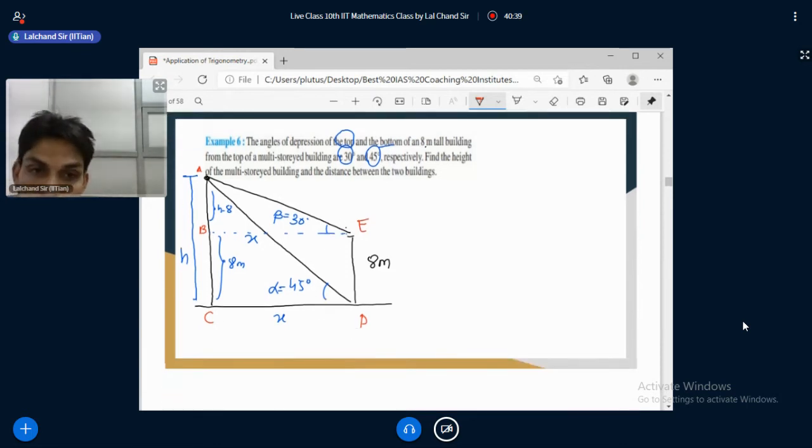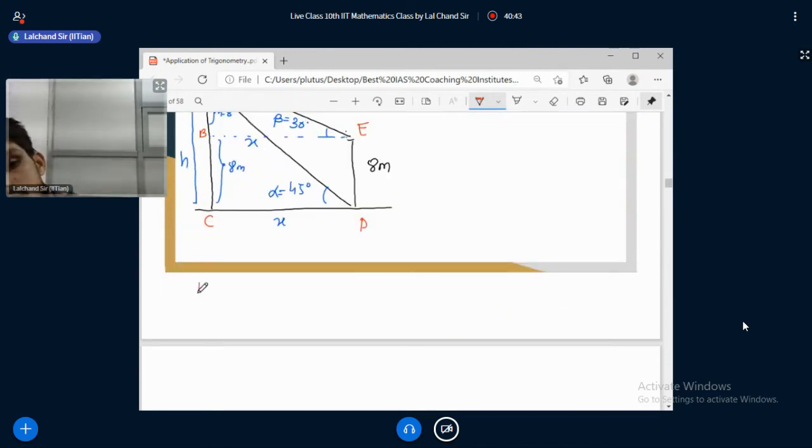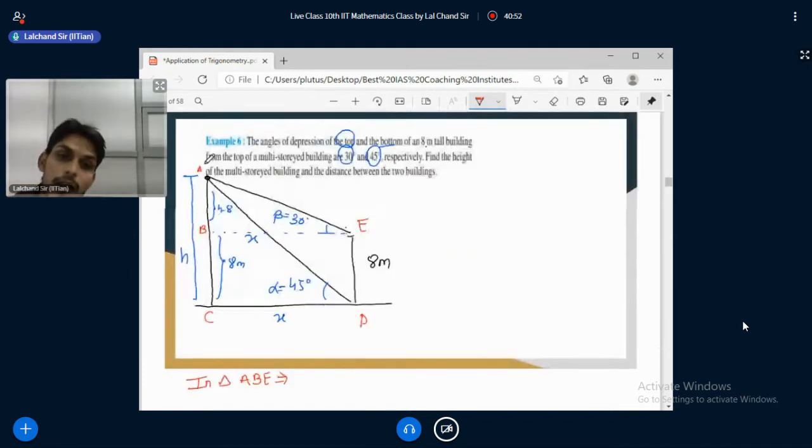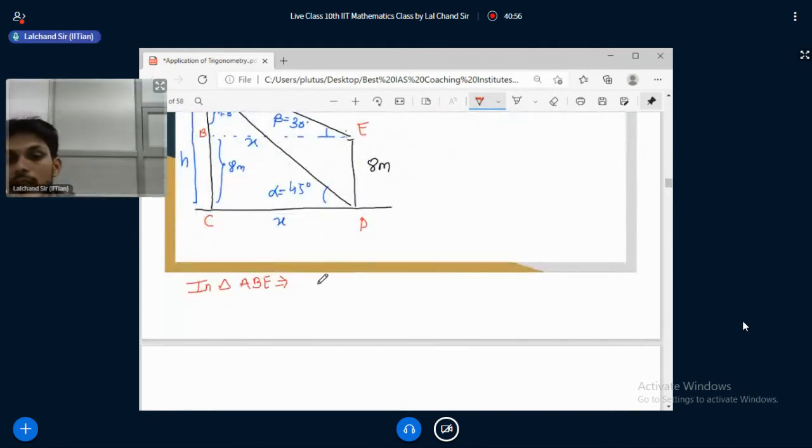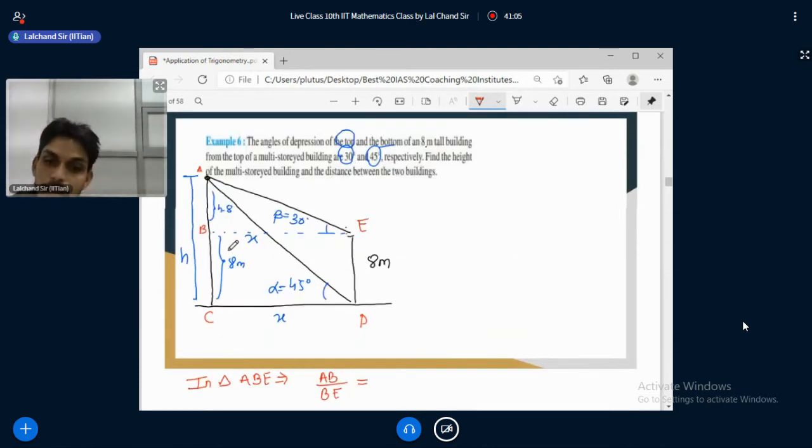So if we consider this triangle ABE, in triangle ABE, AB divided by BE, that is equal to tan beta.